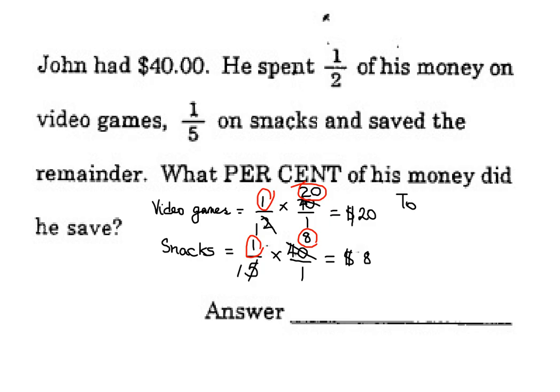How much he would have spent in total? After you went in the online store and you buy whatever video games, you spend half of your money. You spent $20 already.